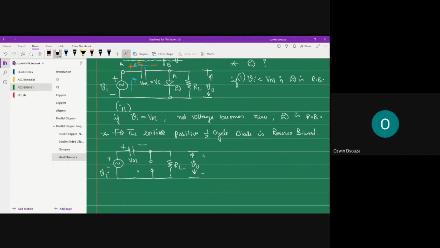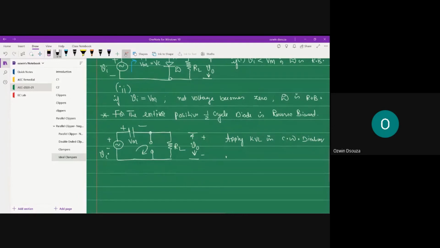Let's apply KVL in clockwise direction. We get the KVL equation Vi minus Vm minus V0 is equal to 0, or output voltage V0 is equal to Vi minus Vm.